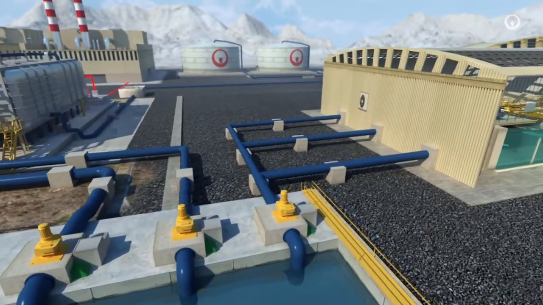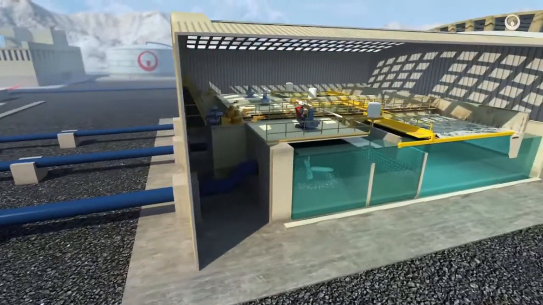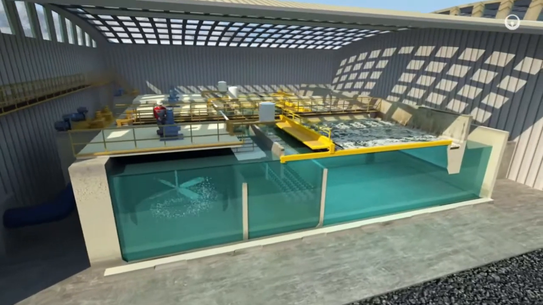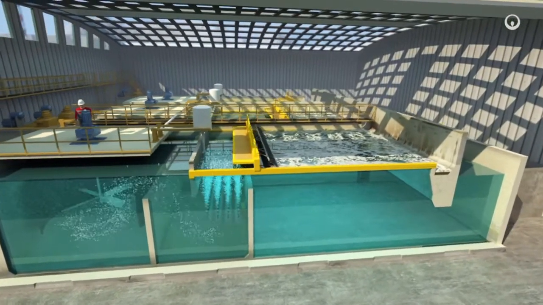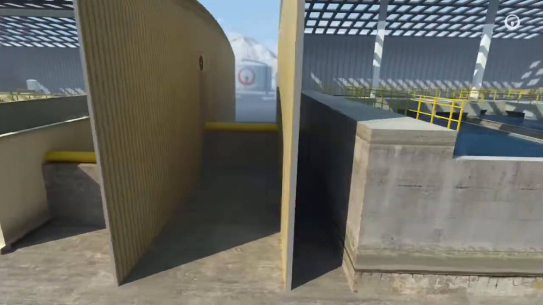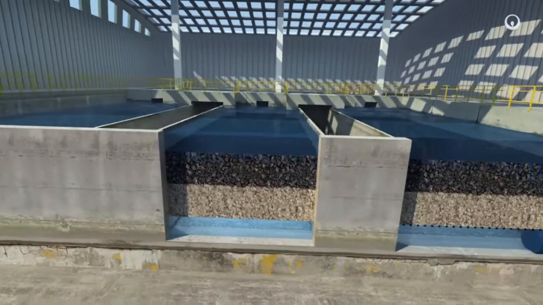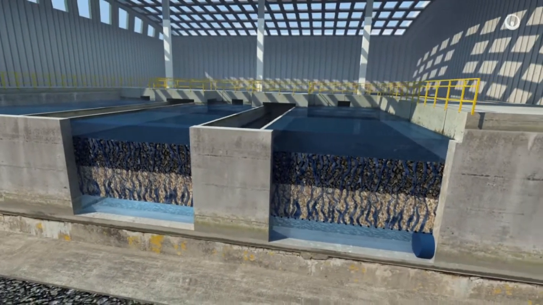As there are algae and other suspended matter in the water, it needs to be pre-treated. A coagulant binds these particles. Small bubbles lift them up to the surface, and we skim them off. The clarified water then goes through layers of sand and anthracite that retain the finer particles.